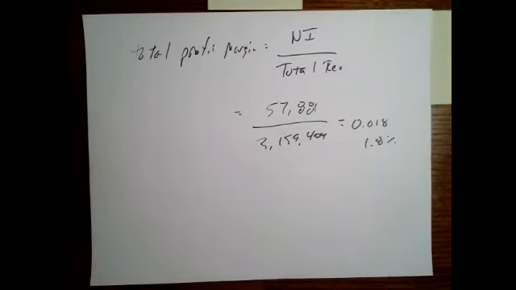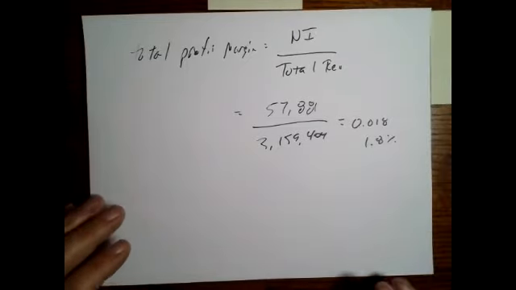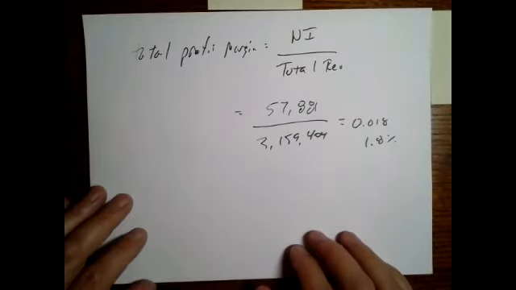When you're doing financial analysis and comparing total profit margins, you want to compare like businesses, because the standard for a nursing home's profit margin is going to be different than the standard for an HMO or for a clinic. So you just need to keep that in consideration.